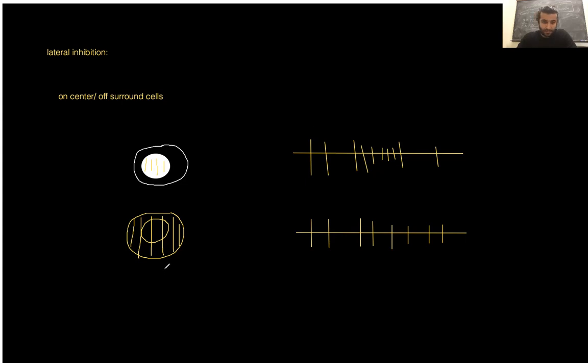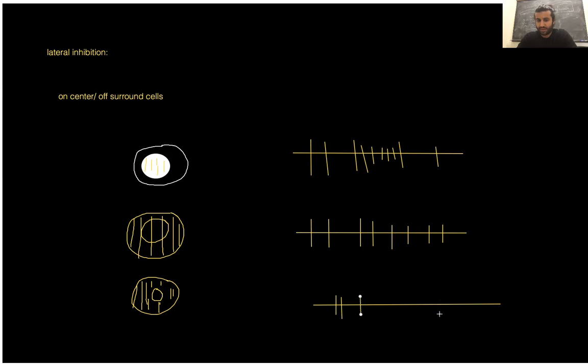And now the third and last one: what happens when I only put my flashlight on the surround and not the center? I just do the surround and leave the center out. This would actually suppress the firing rate while the flashlight is on.